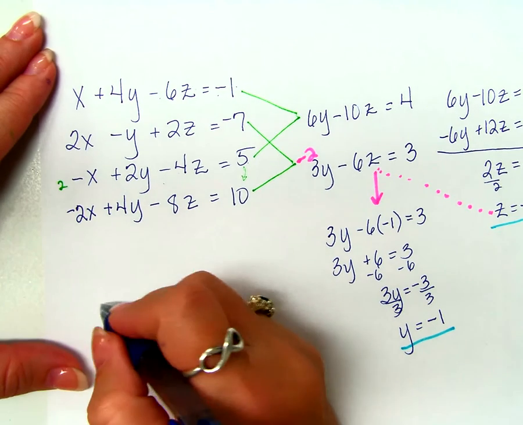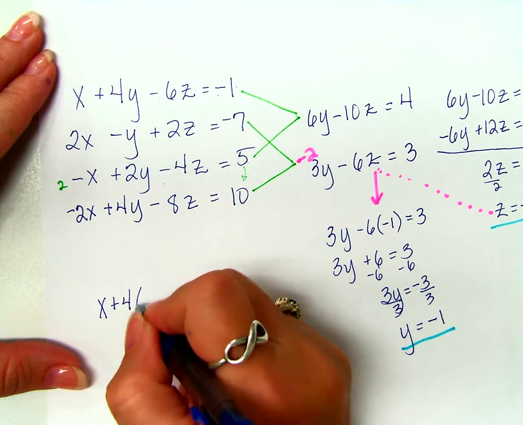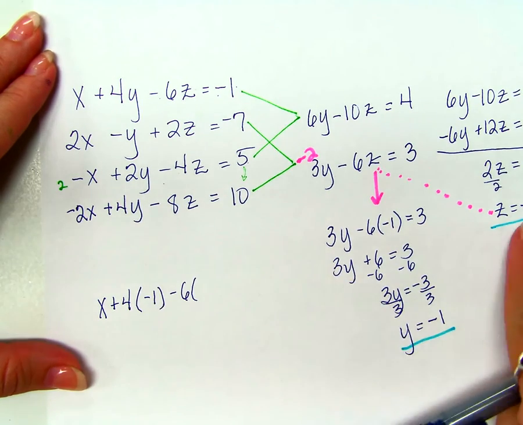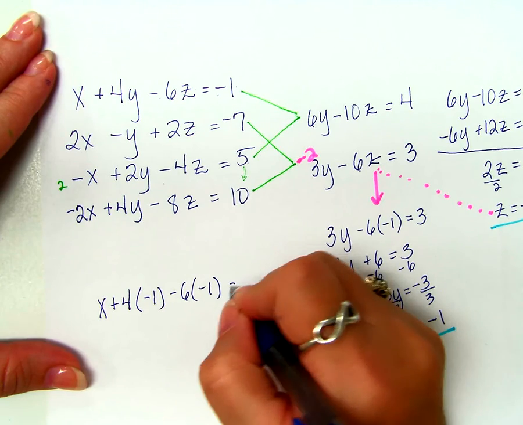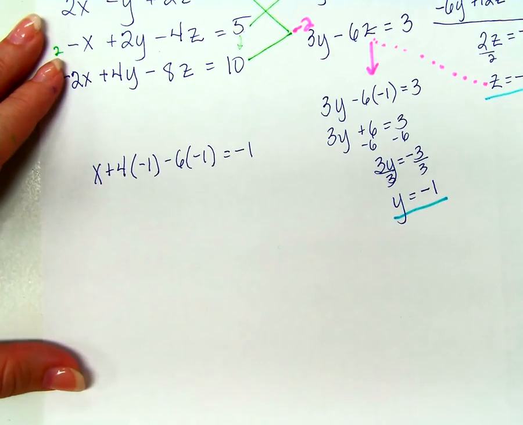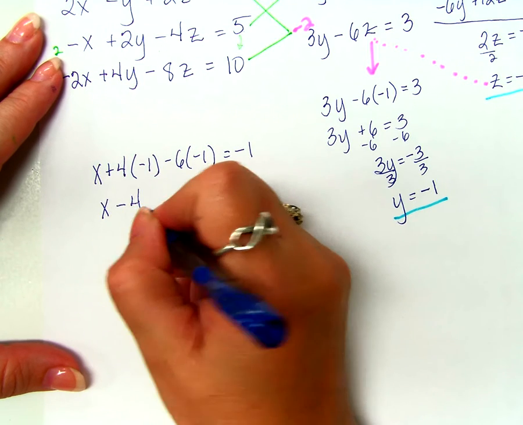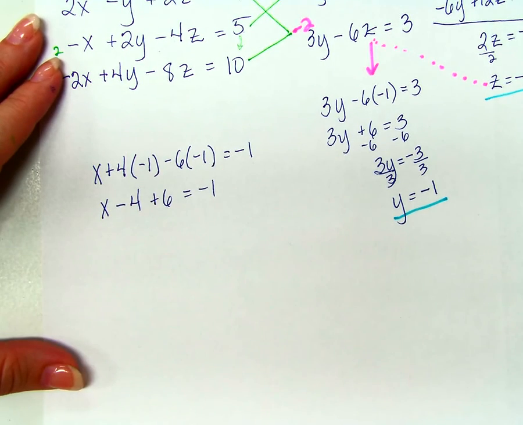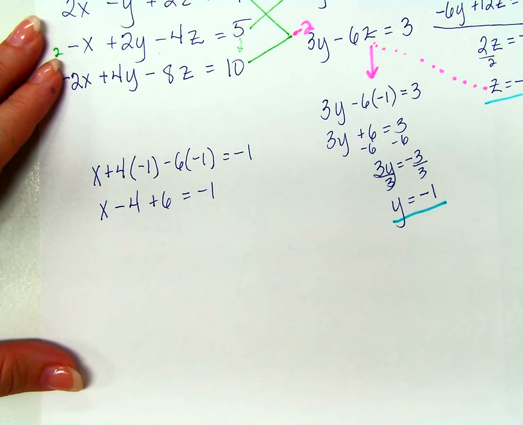X plus 4 times negative 1 minus 6 times negative 1 equals negative 1. X minus 4 plus 6 equals negative 1. What is minus 4 plus 6?